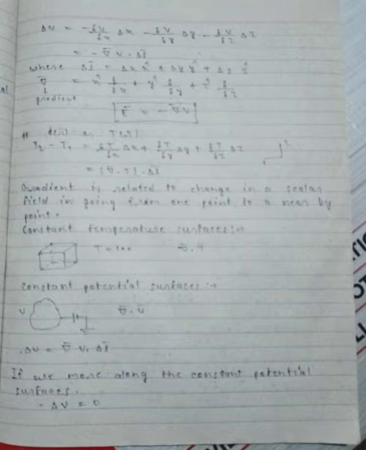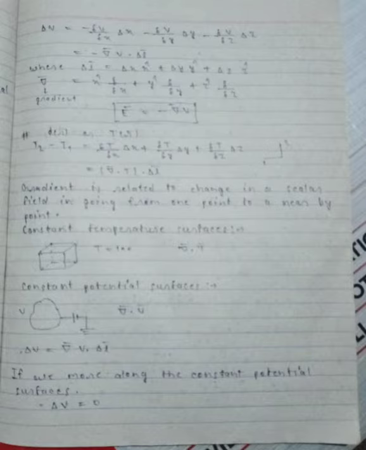What we saw, that if I take 2 points and calculate the difference, let's say this is 2, this is 1, T at 2 minus T at 1, this is given as partial derivative of T with respect to x delta x plus partial T over partial y delta y plus partial T over partial z delta z, which we denoted as gradient of T dot delta L.